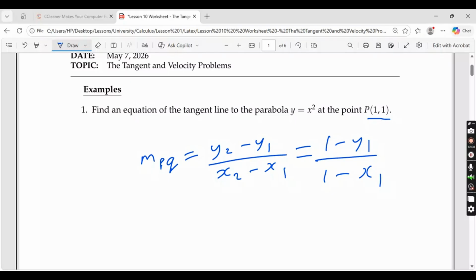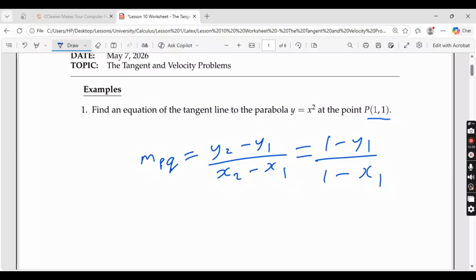I'm not quite sure how we get the other points.